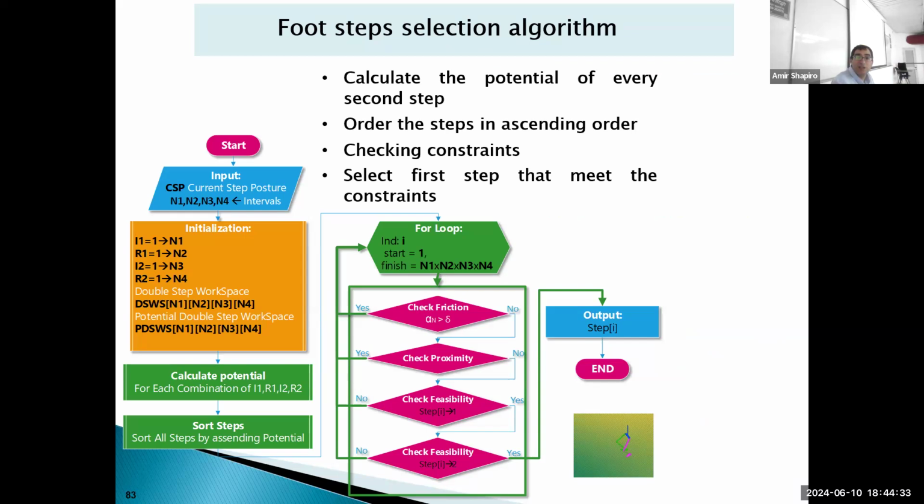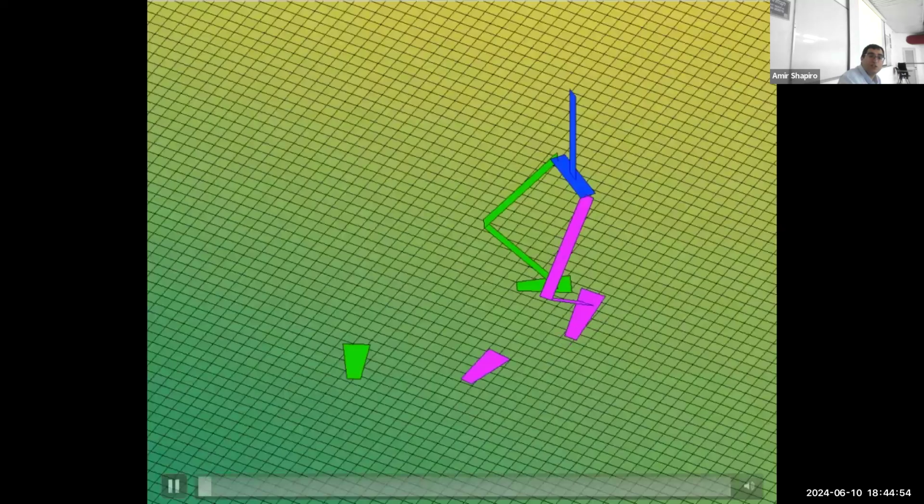The footstep selection algorithm calculates the potential of every second step, how far we are from the target, orders the steps in ascending order, checks constraints of balance and reachability, and selects the first step that meets the constraints.